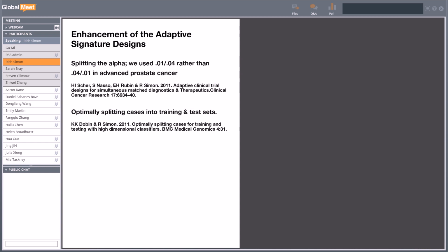We split the alpha between a test of the overall average treatment effect and a test of subset effect because we felt like clinical trialists would not want to give up the standard overall test of average treatment effect, and so we were trying to induce them to get away from viewing subset analysis as a post hoc kind of thing.